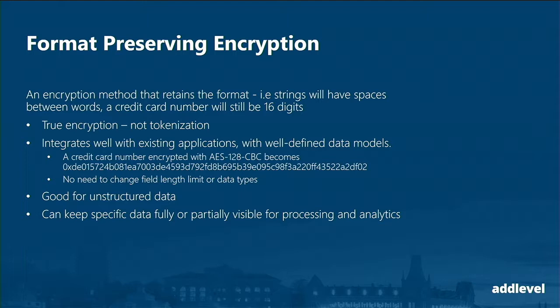You don't want to change your field length. So one obvious advantage to format-preserving encryption is that you don't need to change your schema in a database, for example. It's well suited for unstructured data, and we can also use data masking here, as with tokenization.